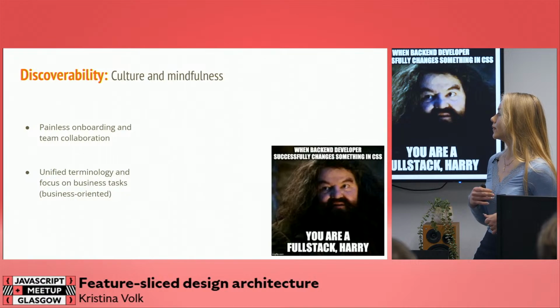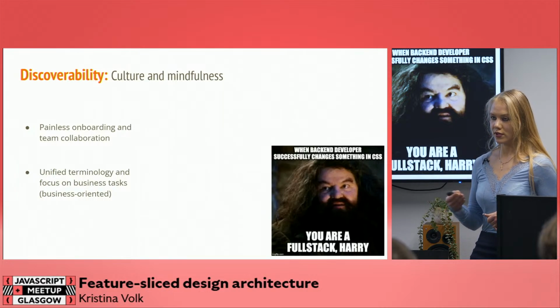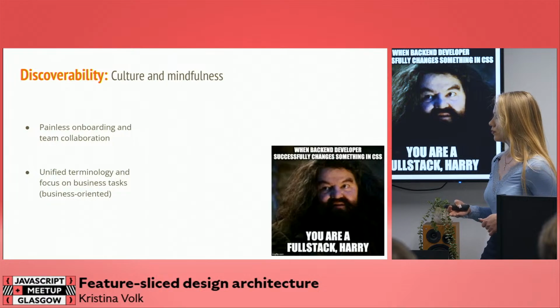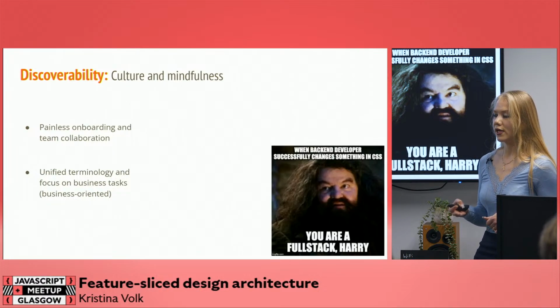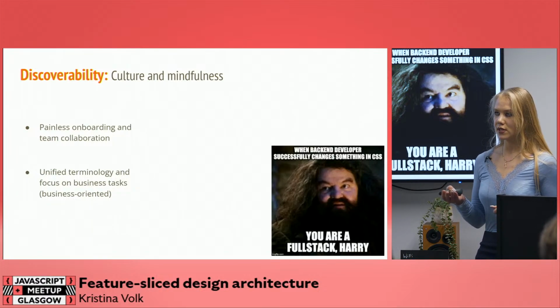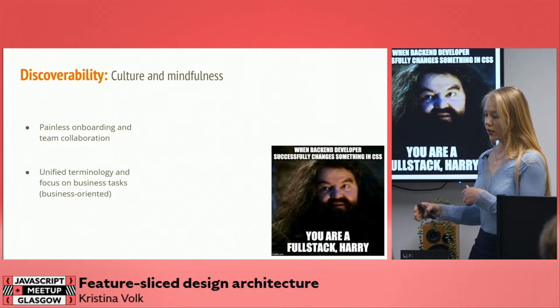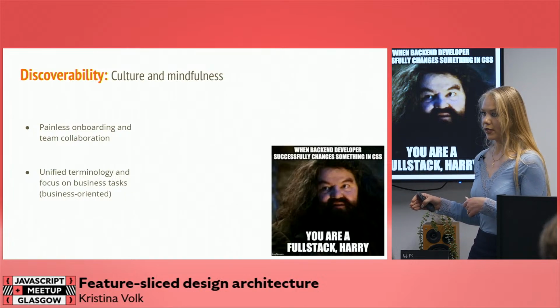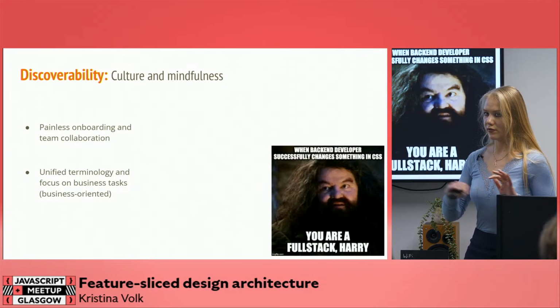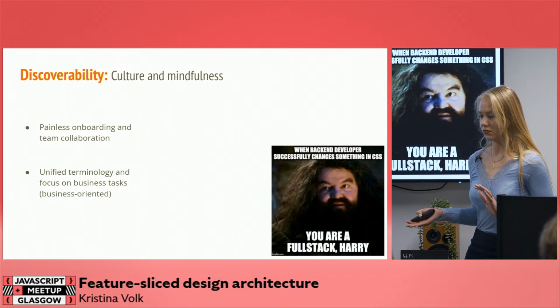In terms of business orientation, it's very encouraged to use the business terminology in your project, because it actually helps a lot. Just think about it, that you can work on some place in your application without deeply understanding other parts that are not related to this one.